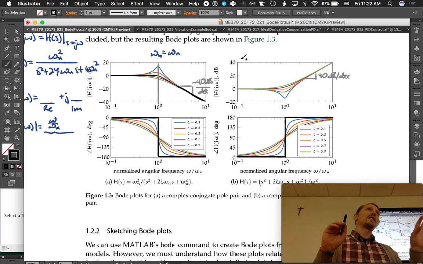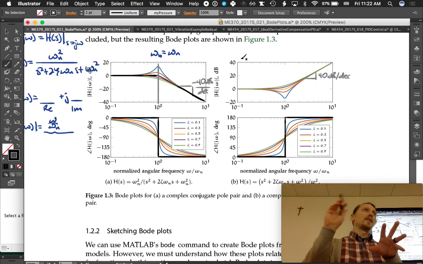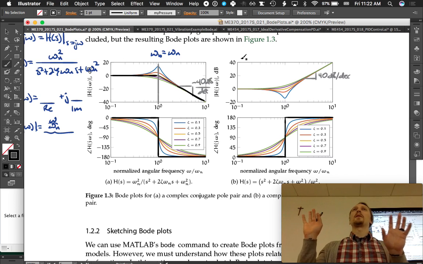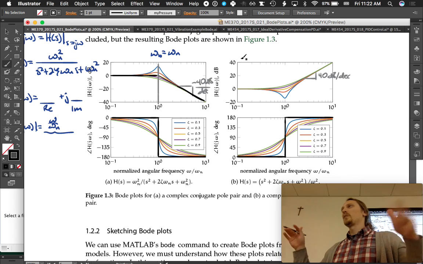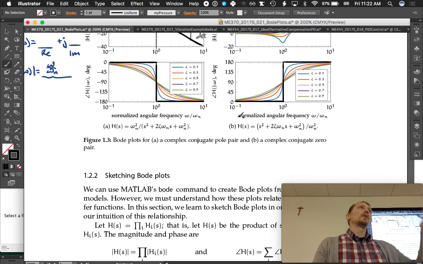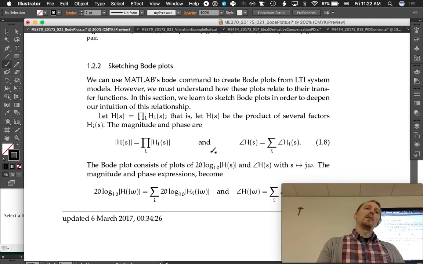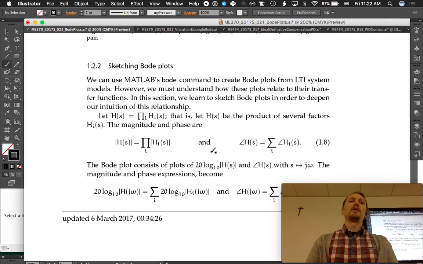So constants, poles and zeros at the origin, first order systems and second order systems. Those are the possibilities. We can essentially factor it out into those anytime we want. It might take a little bit of work, but we can do it. So if that's the case, then we can sketch higher order ones as well, using this nice little aspect, which we already learned about, but I wanted to review here at the end.